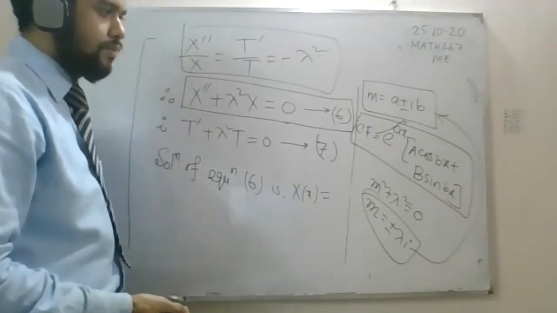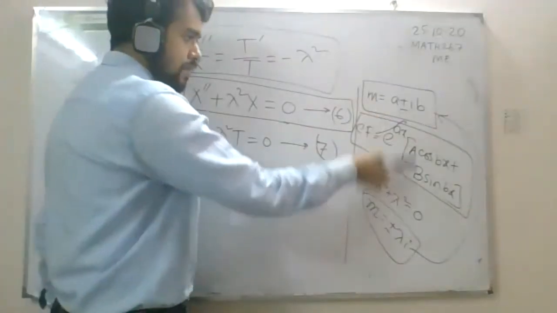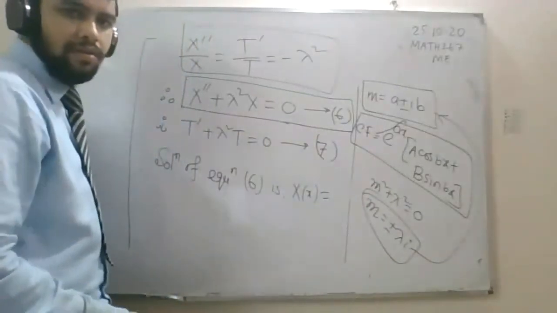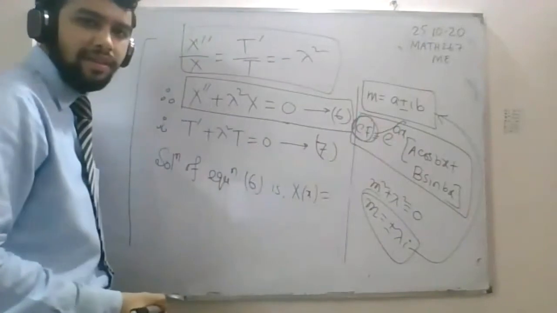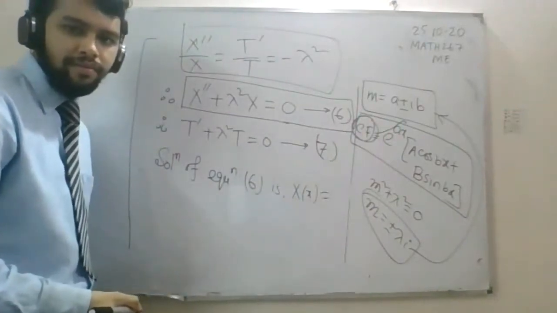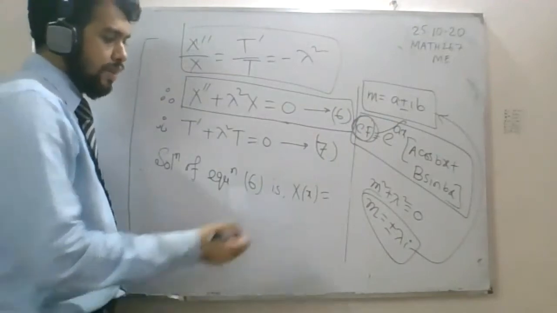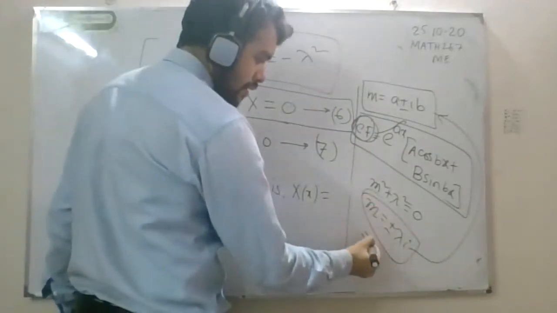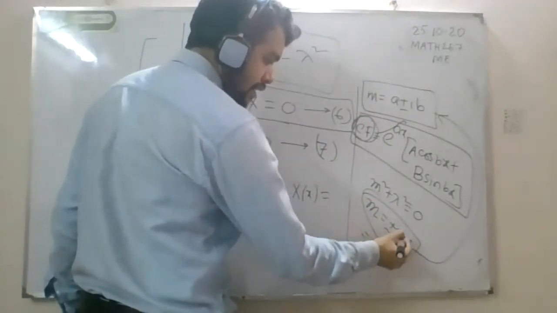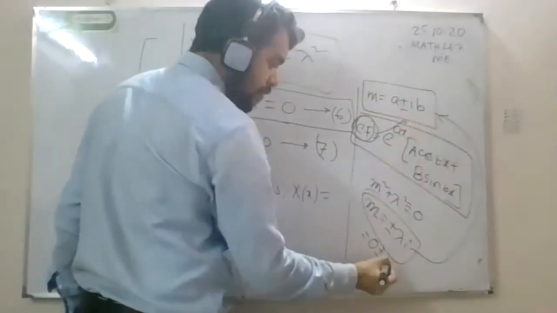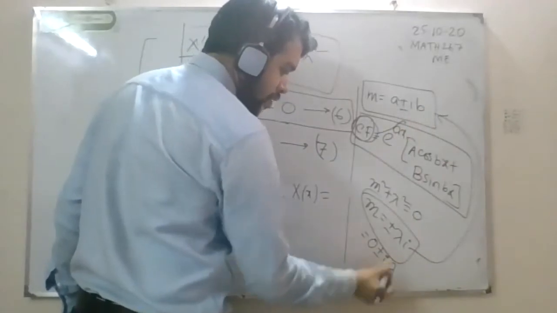Just compare these two things and you can get your required result, which is the complementary function. Here a means 0, and plus minus ib, here b means lambda.